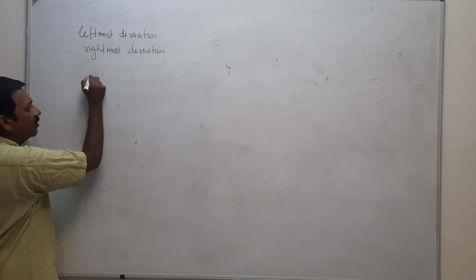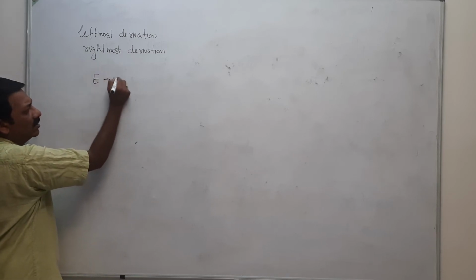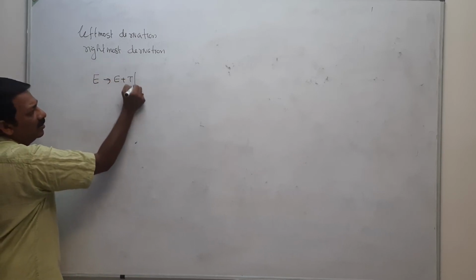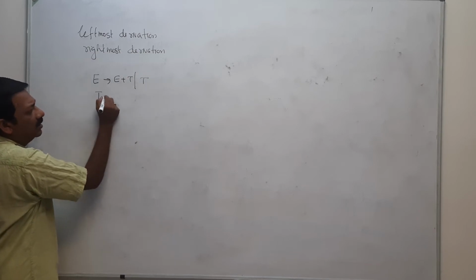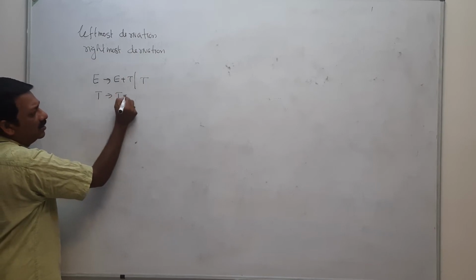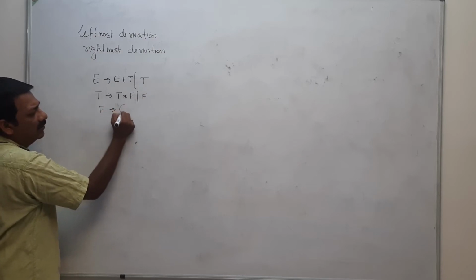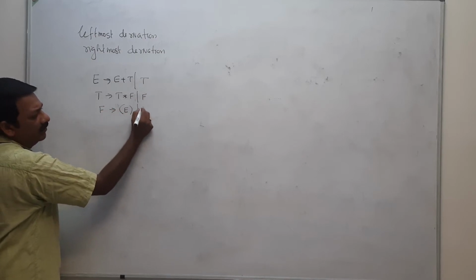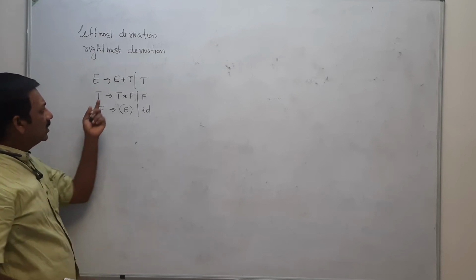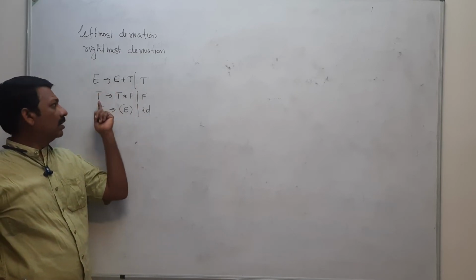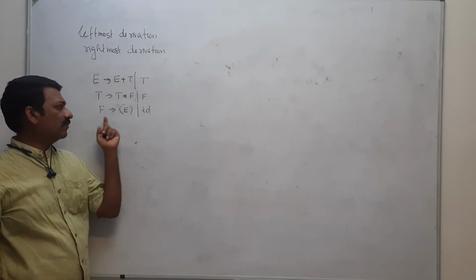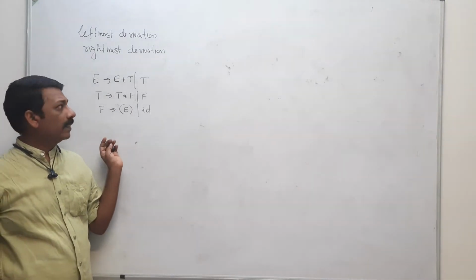Suppose that you have a grammar like this: E derives E plus T or T. T derives T star F or F. F derives E within brackets or ID. That means E derives E plus T or T, T derives T star F or F, and F derives E within brackets or ID.